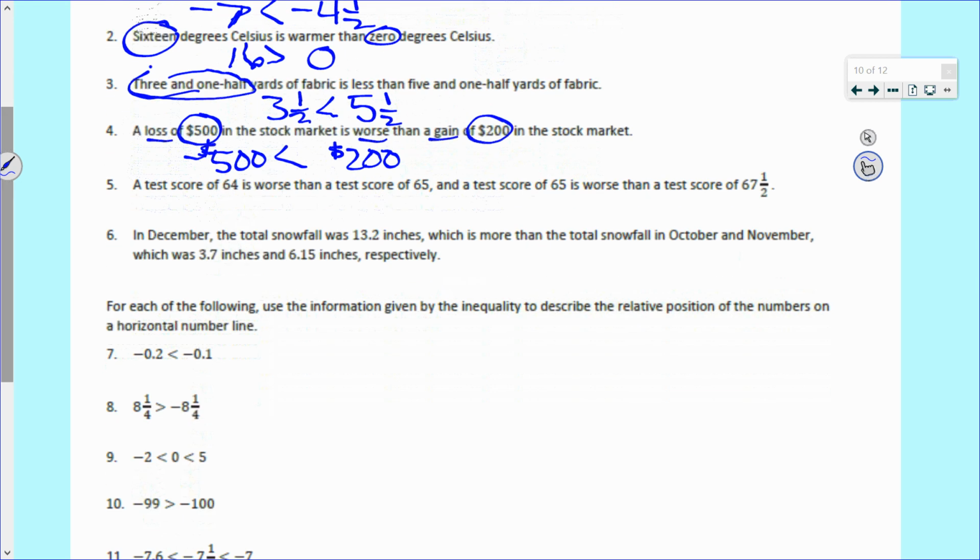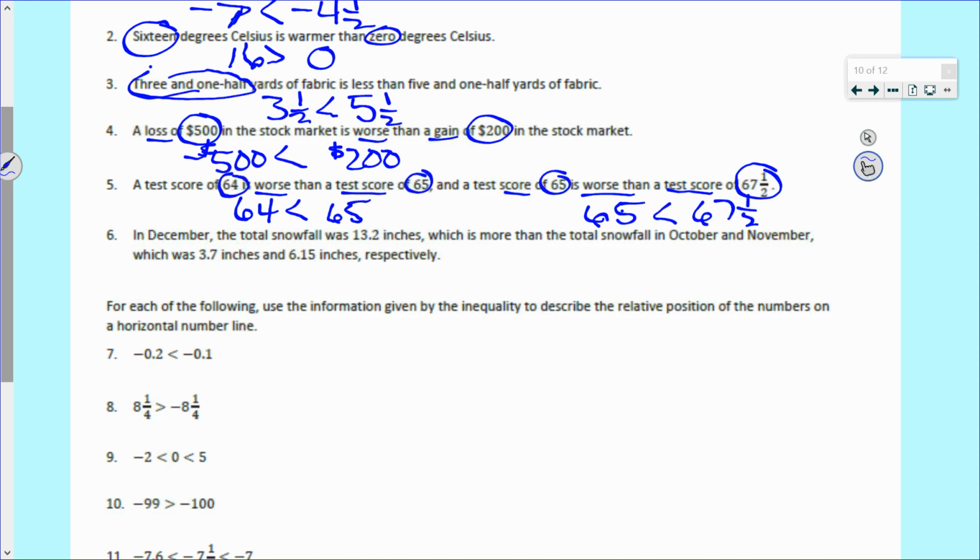A test score of 64 is worse than a test score of 65. So 64, 65, what goes between them? Less than. And a test score of 65 is worse than a test score of 67.5. So what would go in between those?